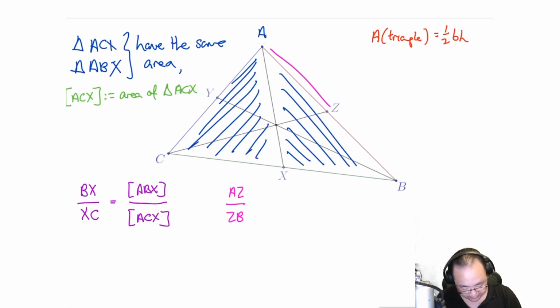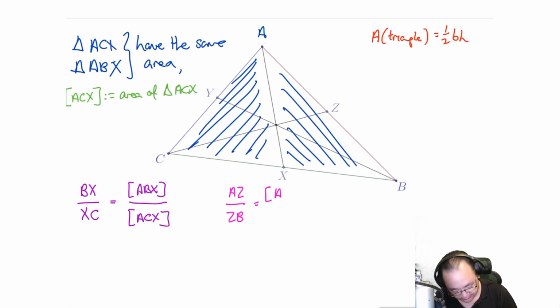So AZ to ZB in a similar manner would then be equal to, let's see, I'm trying to think about how I want to write it.